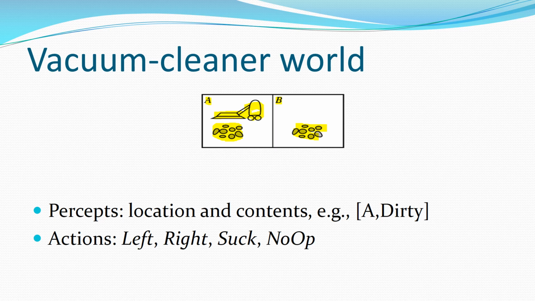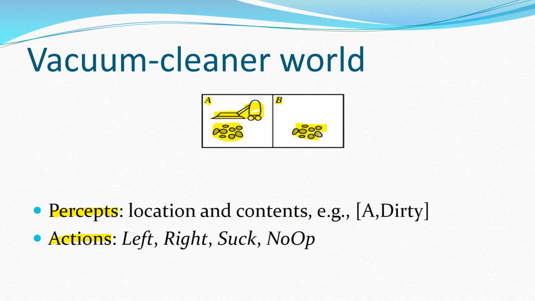The vacuum cleaner will automatically reason out that if there is dirt, in that case, what should I do. So, here two things are there. First is what is the percept and what are the actions. Now, the percepts are location and contents.